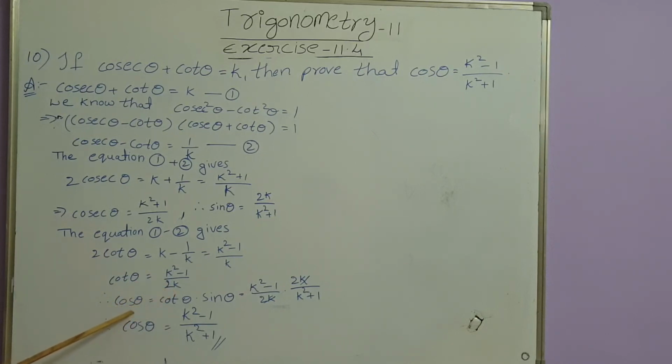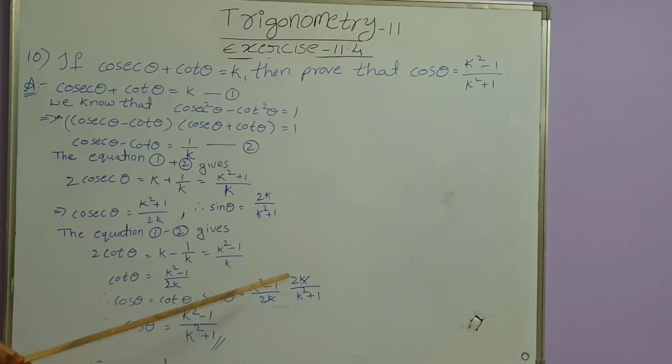Cos theta is equal to cot theta into sin theta. Now we want cos theta. Here the sin theta value is there and the cot theta value is there. So cos theta is equal to cot theta into sin theta, where the cot theta value is (k square minus 1) by 2k, into sin theta, which is 2k by (k square plus 1).